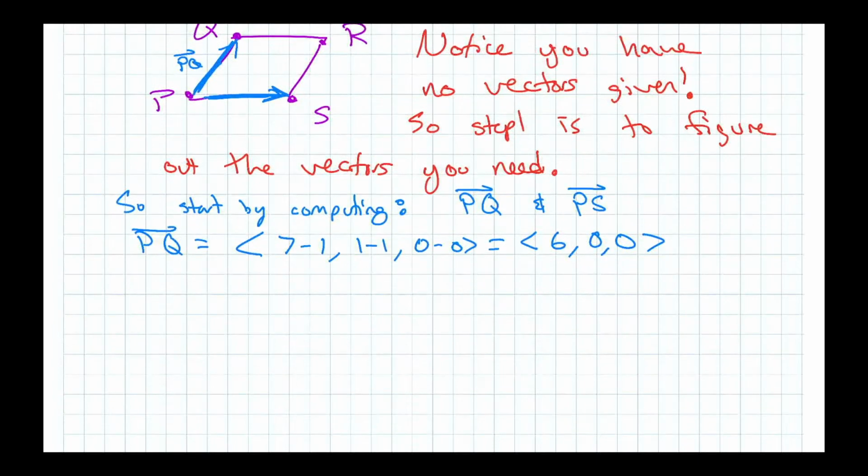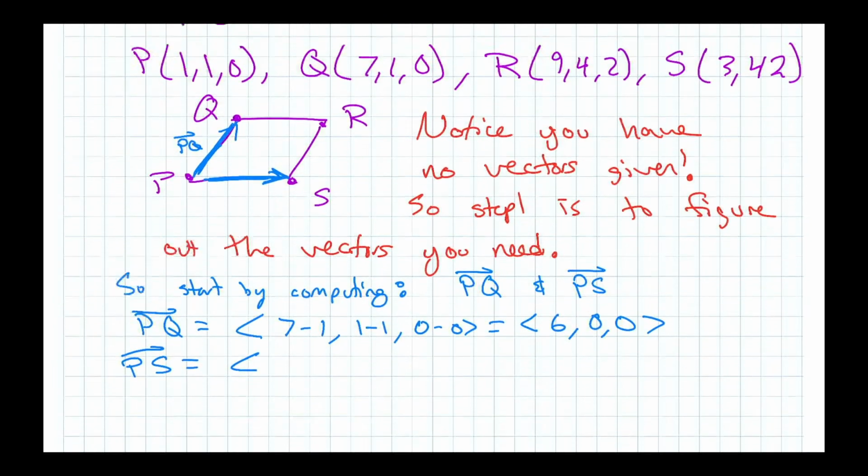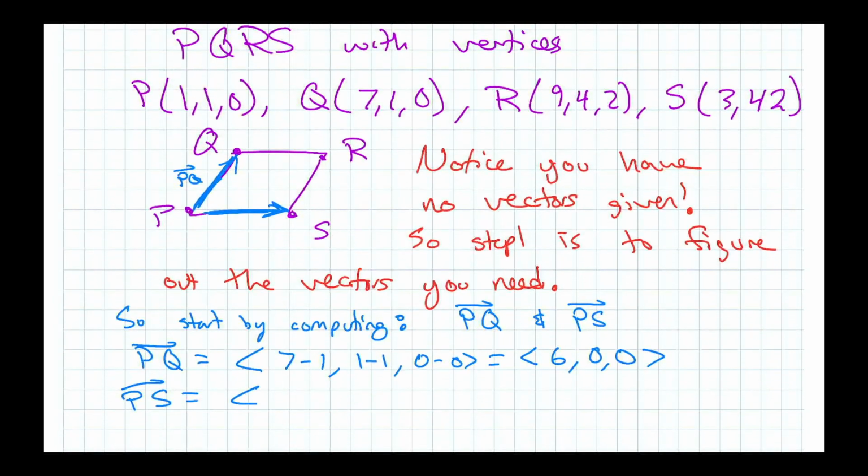Well, that's nice. We need the PS. Same thing, but this time we're doing S to P. So components of S minus the components of P. So 3 minus 1, 4 minus 1, and 2 minus 0, I think. So what do we get?